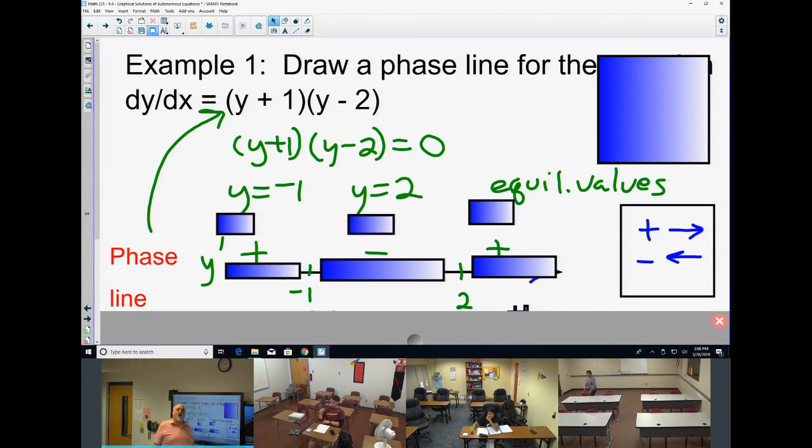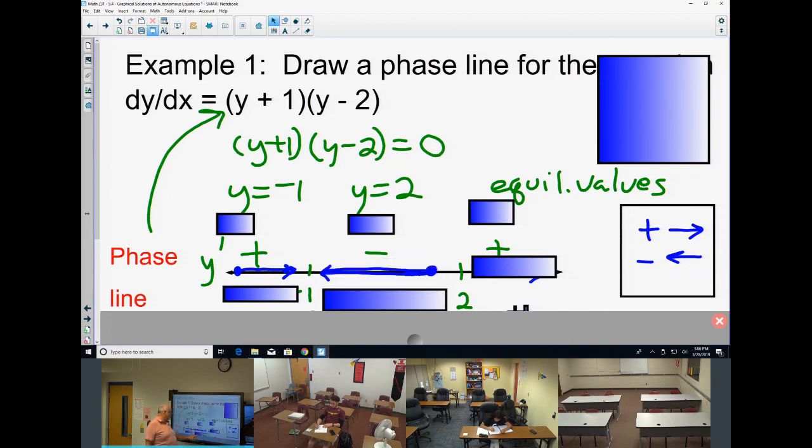All right, so now what we'll do is we'll draw these little arrows on the phase line. So see where this area is plus, then we're going to put a little arrow here going to the right. And where this one is a minus, we're going to draw an arrow to the left. And then where this one is plus, we're going to draw an arrow to the right.